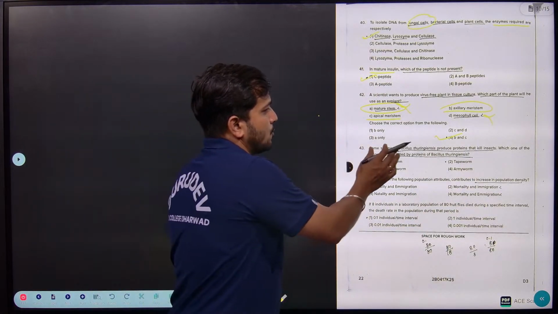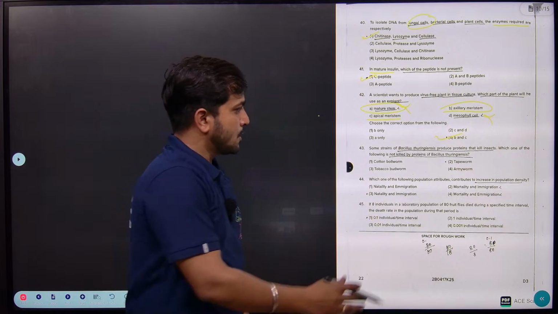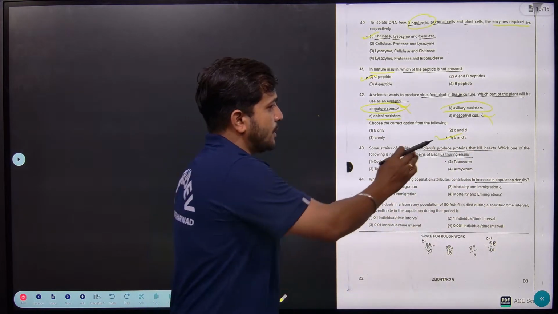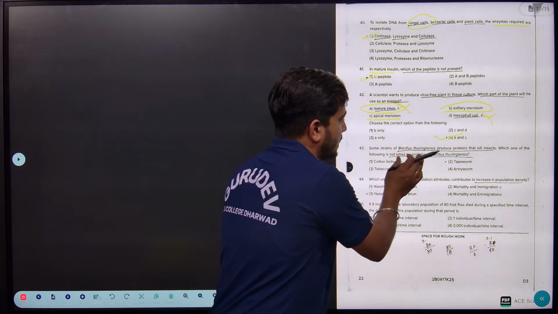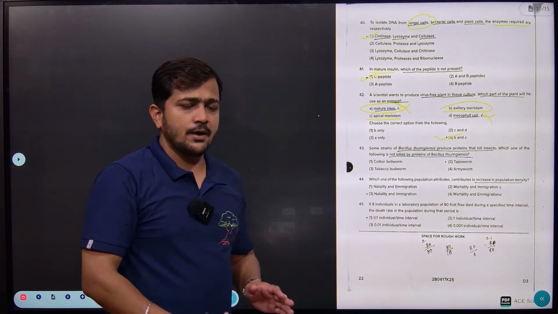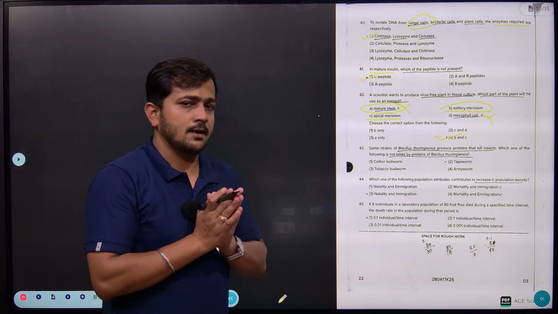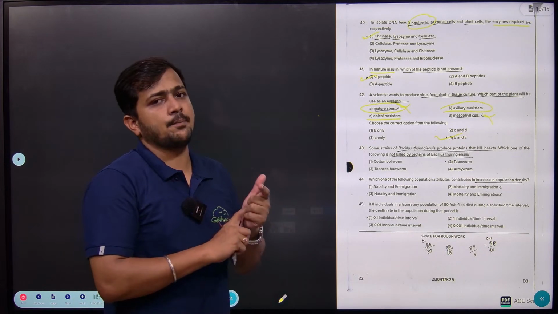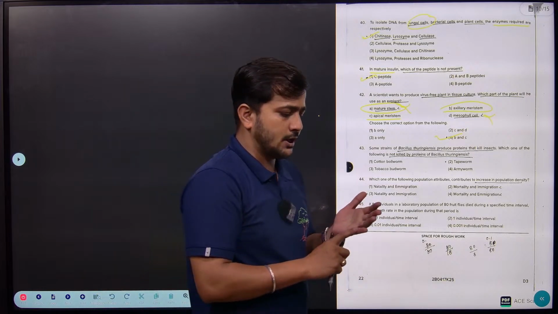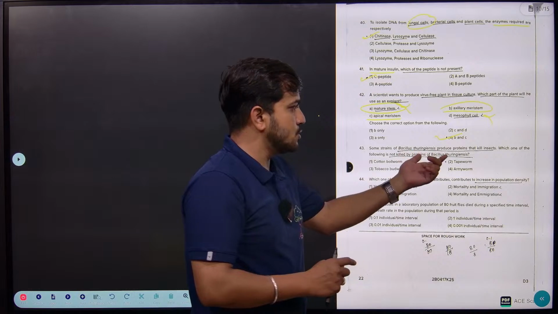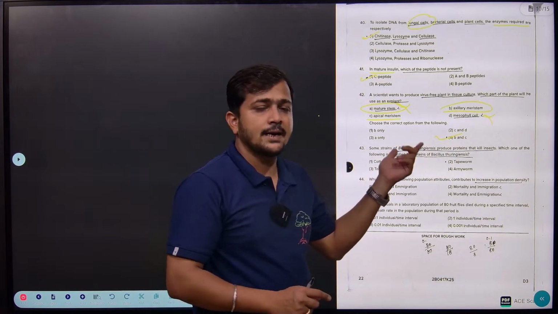Then some strains of Bacillus thuringiensis produce a protein that kills insects. Which one of the following is not killed by the protein of Bacillus thuringiensis? Majorly we know this Bt toxin, a protein, kills lepidopteran, coleopteran and dipteran insects, that is, the moths, beetles, mosquitoes and flies, whom this Bacillus thuringiensis protein can kill.